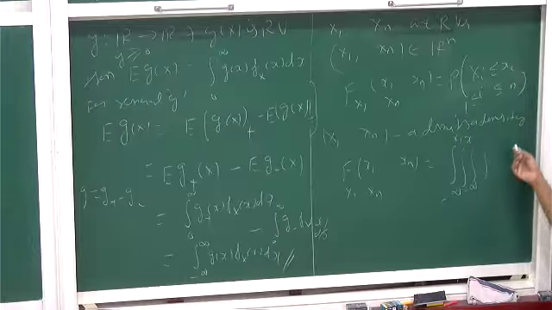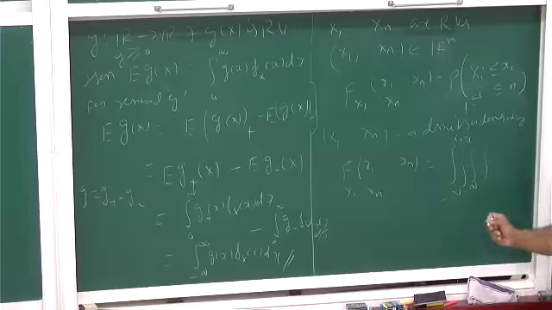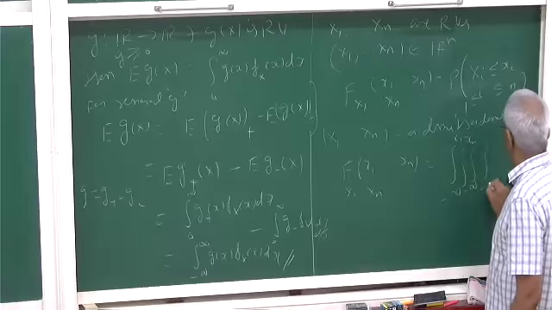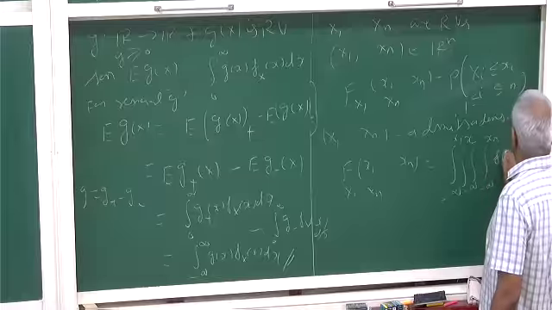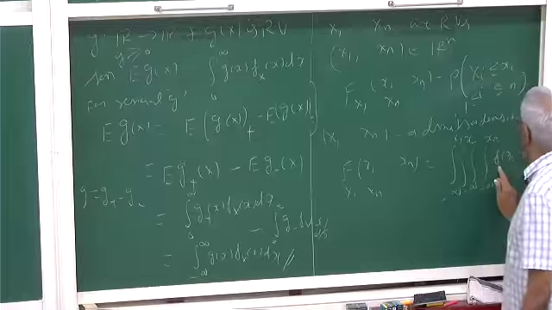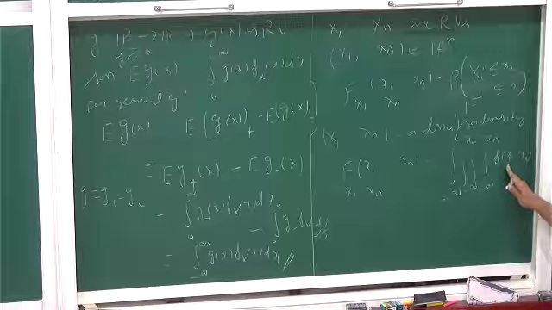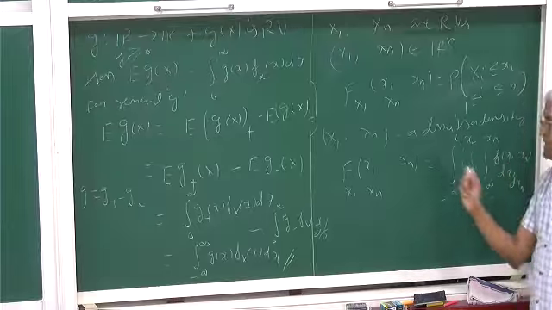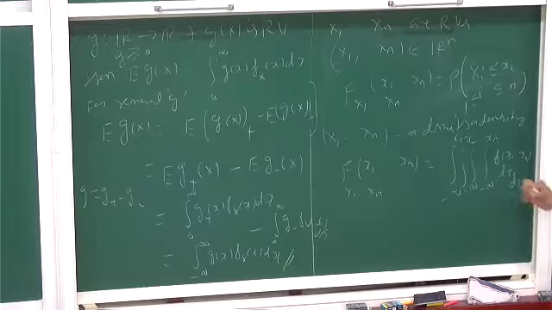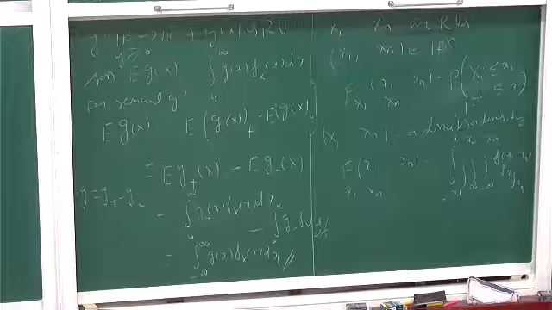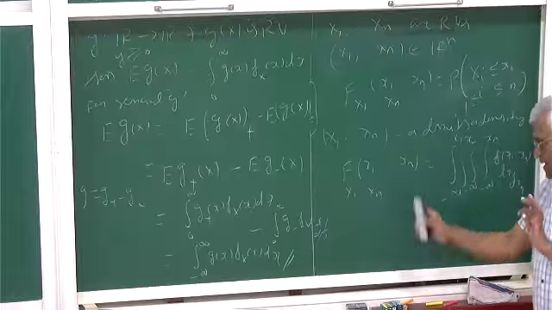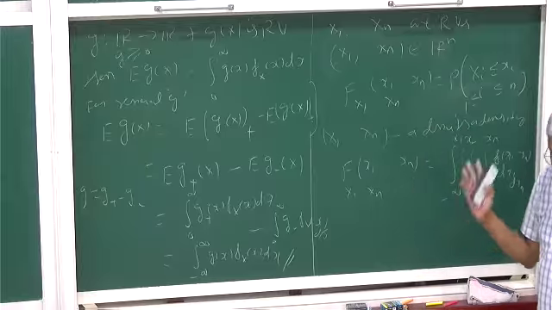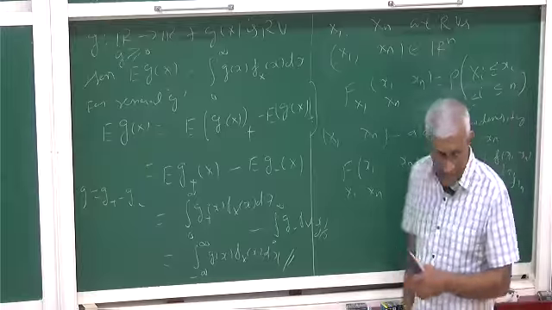You just integrate with respect to that variable, keeping the other variables constant, partially integrating, from minus infinity to x1, up to minus infinity to xn, of f of x1 up to xn. I have to write x1 up to xn here, but I am not writing, dx1 up to dxn. Just integrate it n times, an n-fold integral, like a double integral. I'm just recalling: we defined all these things for n equal to 2, and I'm just recalling for general n.